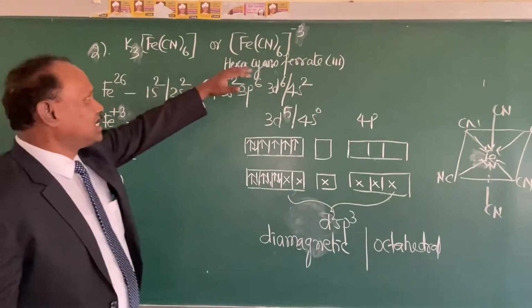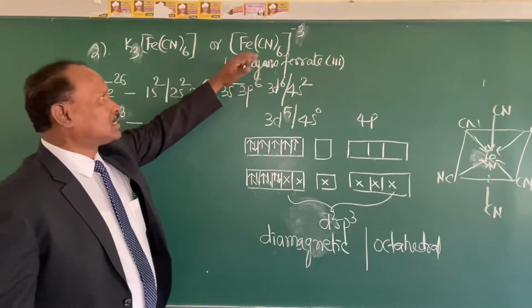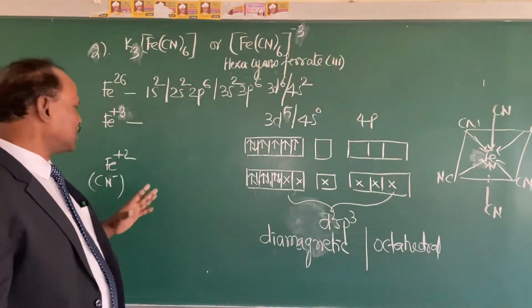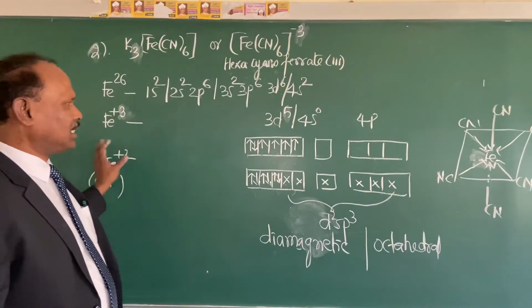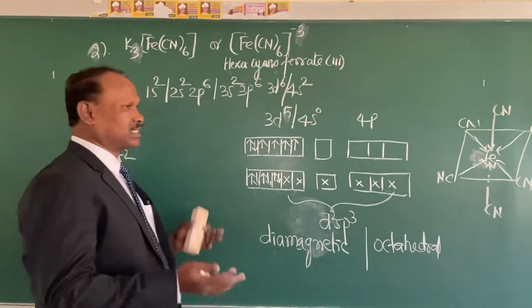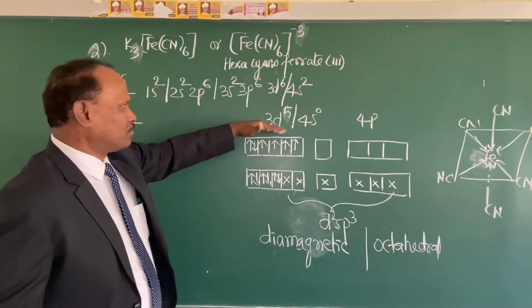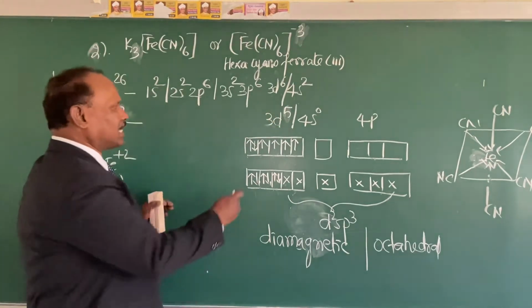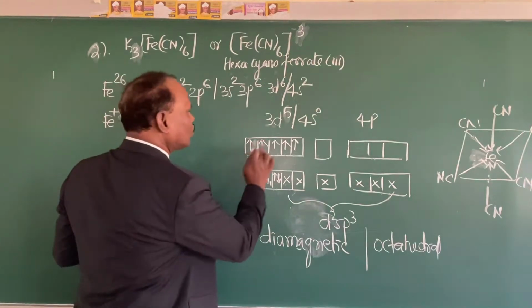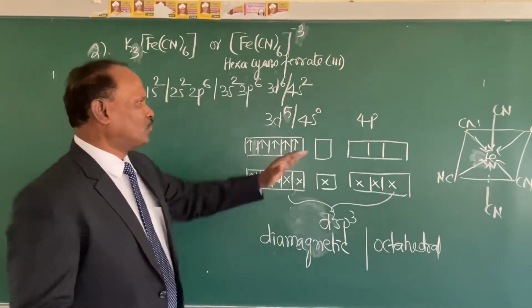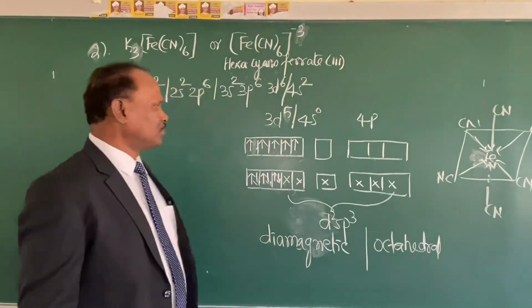Now once again in this complex ion, cyanide is a strong ligand. Therefore, in the presence of this strong ligand, the unpaired electrons present in the central metal ion get paired up. Before that, I will write the Hund's rule arrangement for the 3d orbitals like this: 1, 2, 3, 4, 5, then 4s0, 4p0.